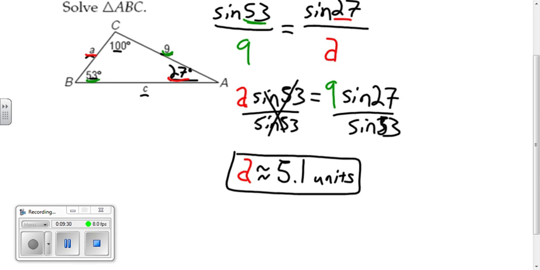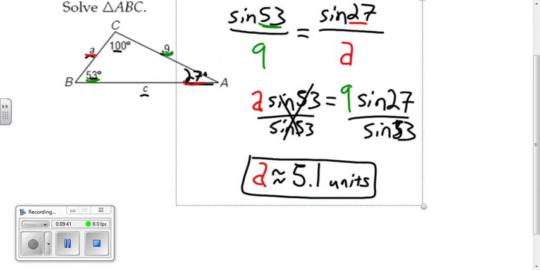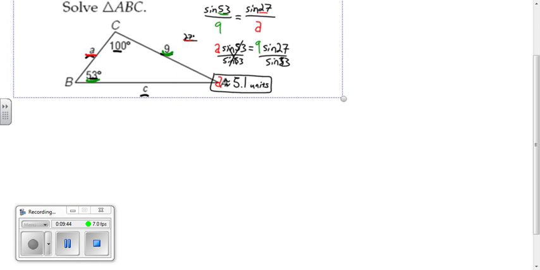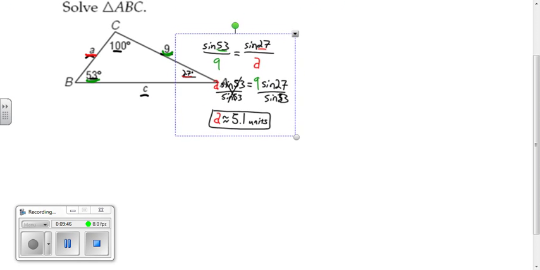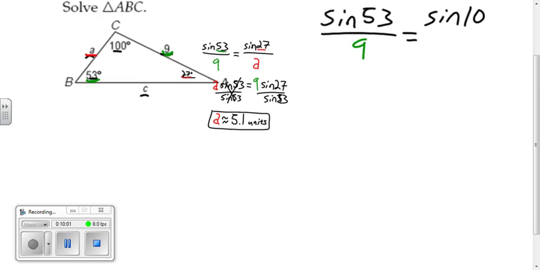So we've got one piece done. We know our a value. Now we need to figure out our c value. Again, we'll set it up with sine of 53 corresponds with 9 over sine of 100 corresponds with our value c.